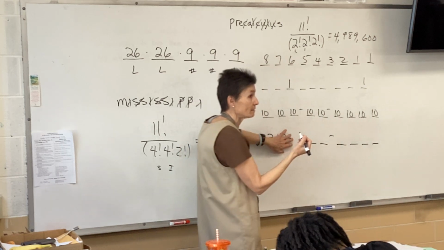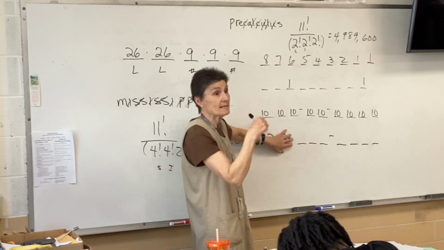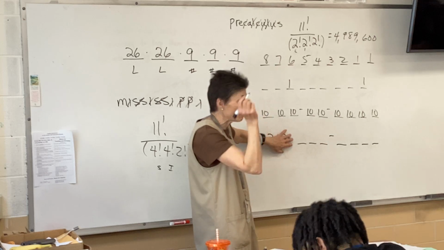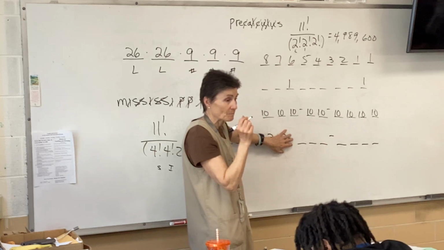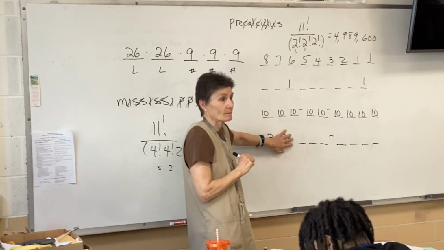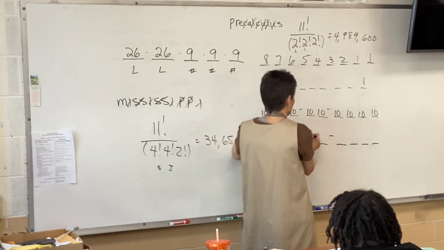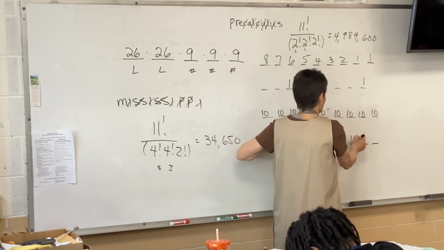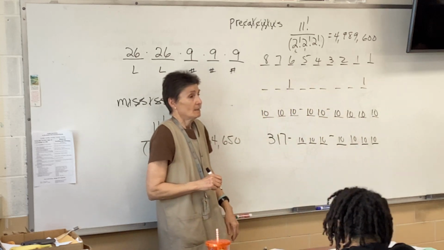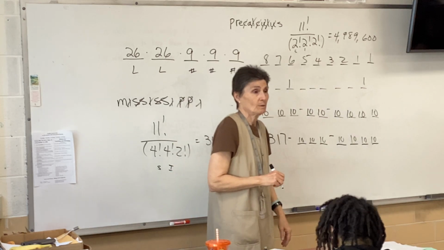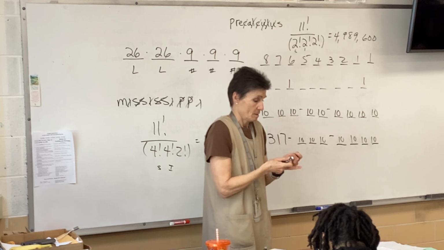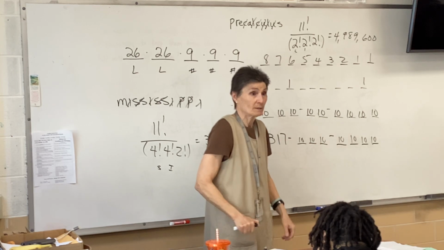So assuming that any number can go anywhere, even zeros and everything else, how many phone numbers are there? What would all these blanks be? 10. Wouldn't that be 10 to the 7th? Yes. Hey guys, I want you to think about that for a minute. 10 to the 7th is what number? 1 with 7 zeros. So it'd be 10 million? Yeah.